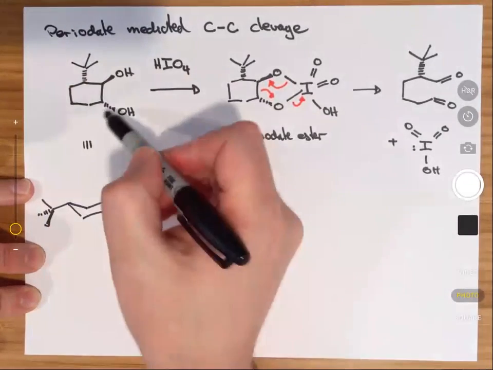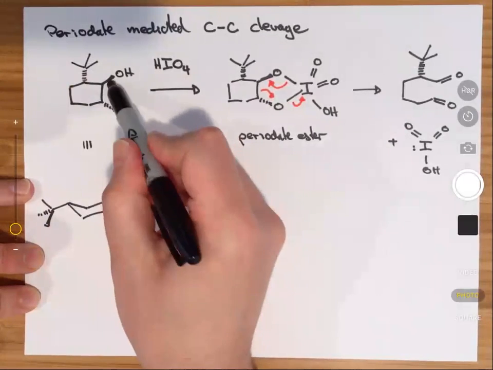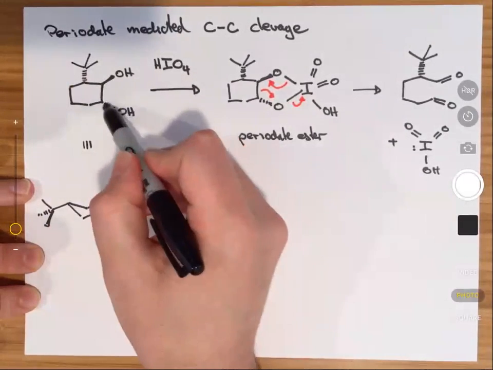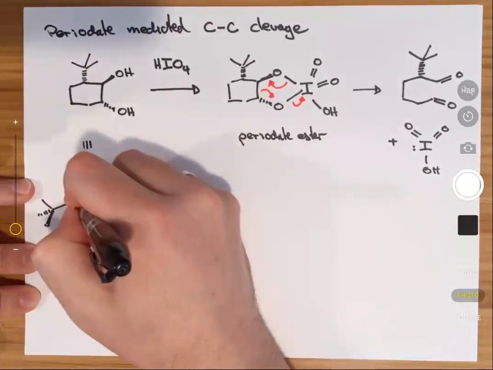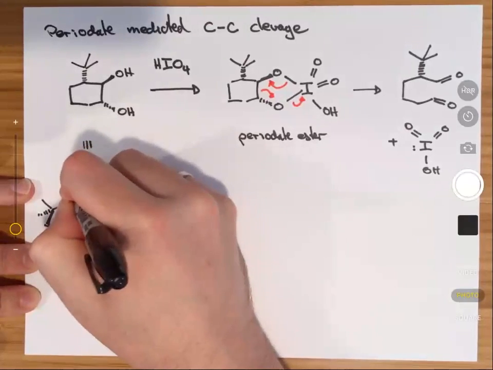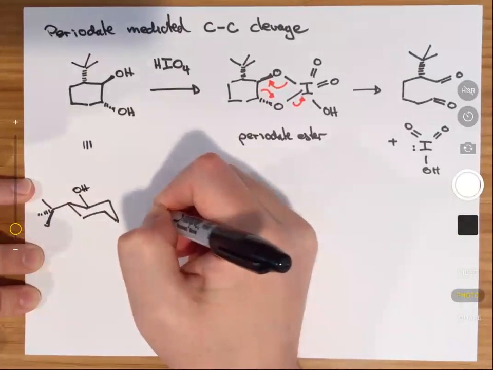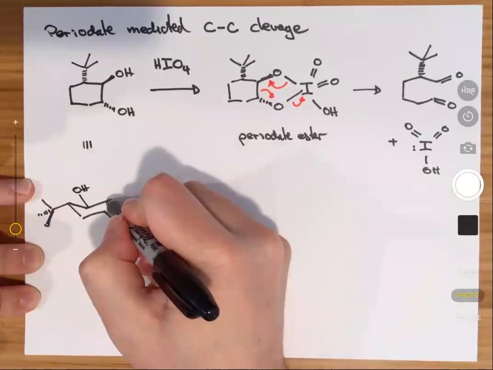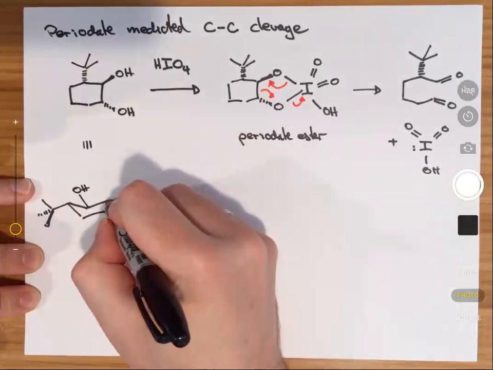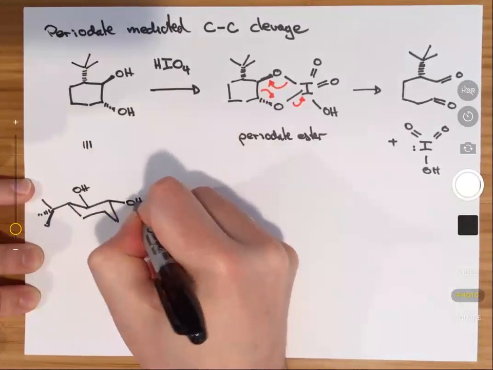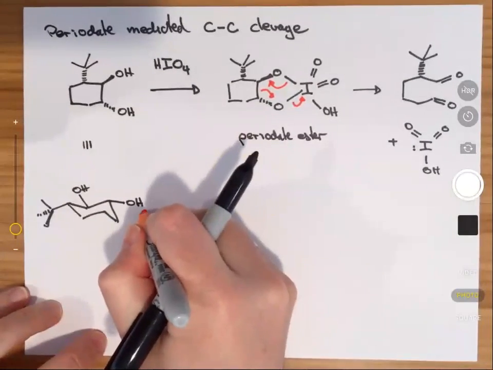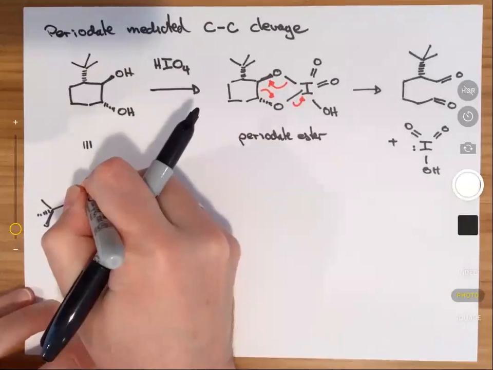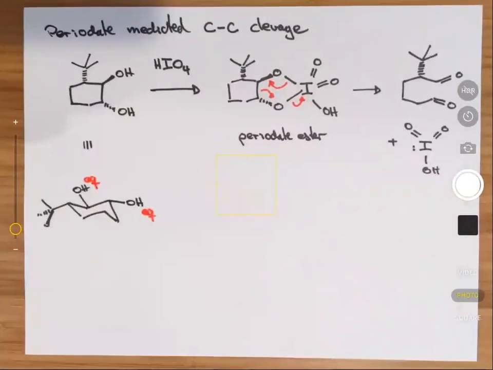And then you have basically these two hydroxyl groups. This one comes out of the plane, this one goes to the back of the plane. So in this case, both of these basically end up being equatorial. So you have OH here, and for this one here, you have OH going out here. So both of these are in equatorial positions. So equatorial, equatorial.